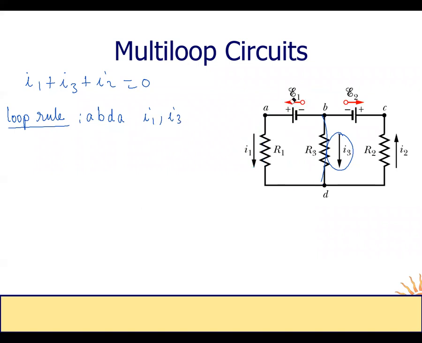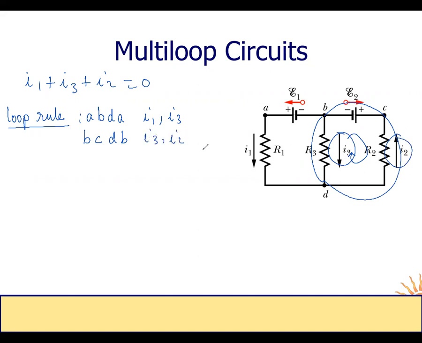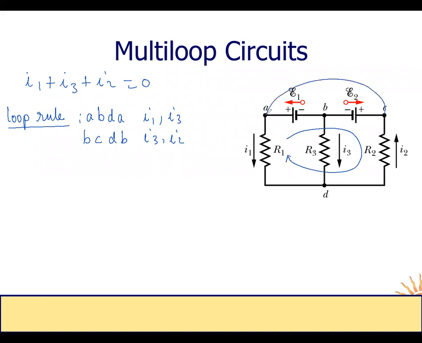You can take another loop, for example, this loop B, C, D, B. By using this loop, we get a relation between I3 and I2. Also, you can take another loop, for example, this one, A, C, D, A.